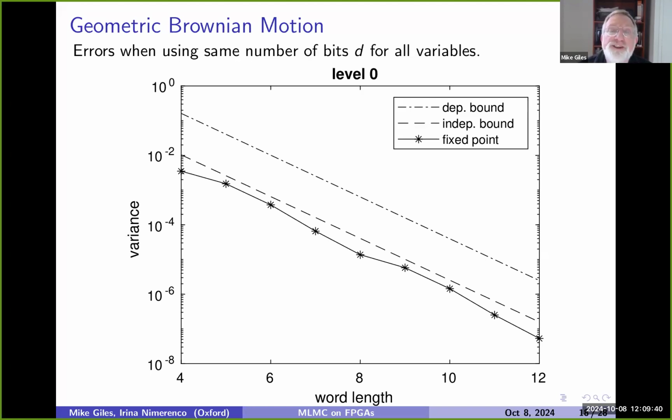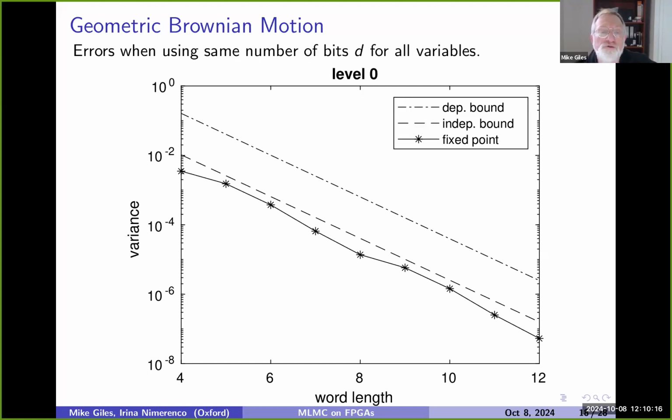So this is the variance of the difference between delta P on the CPU and delta P on the FPGA using this reduced number of bits. And then the two lines, one of them is using the pessimistic dependent bound, and the other one's using the optimistic independent bound. And so what we see is that the independent bound is much closer to the true behavior.